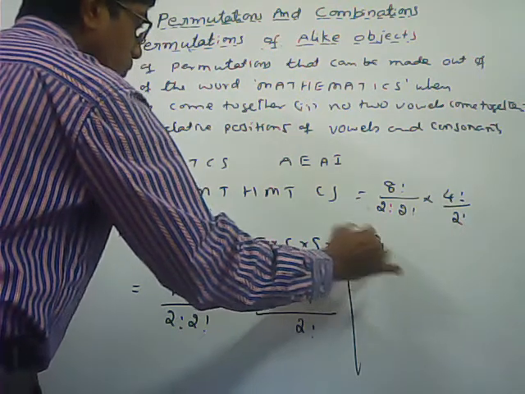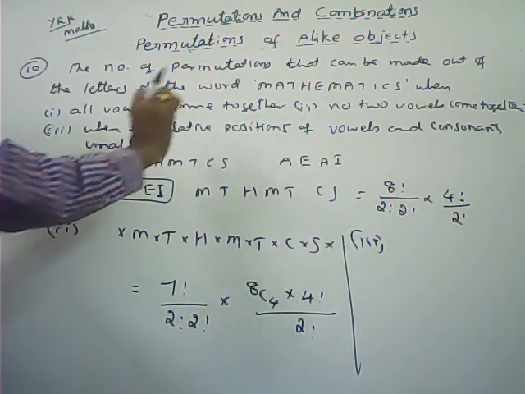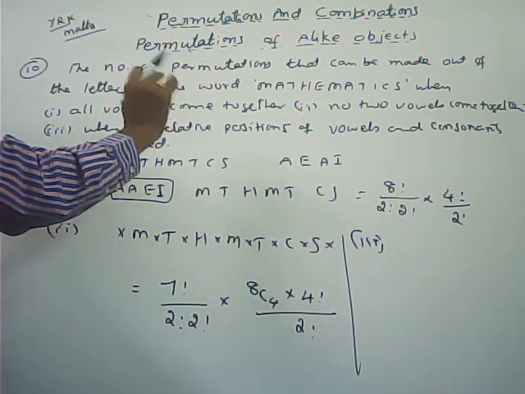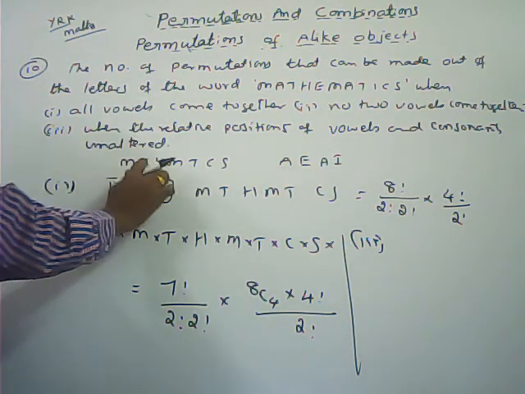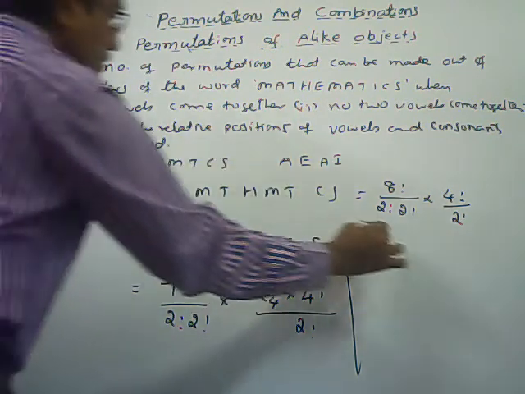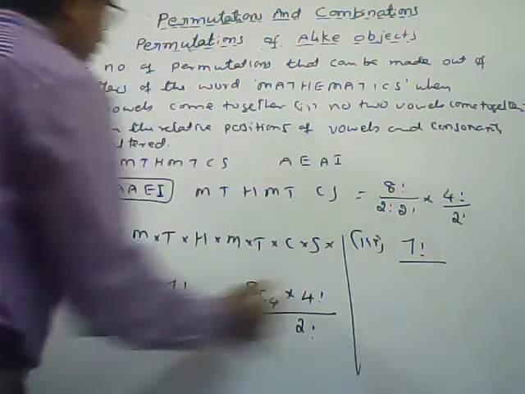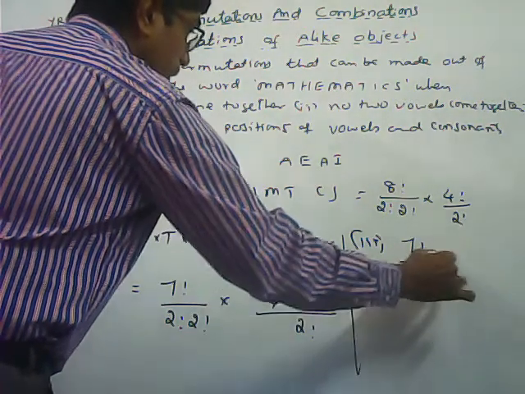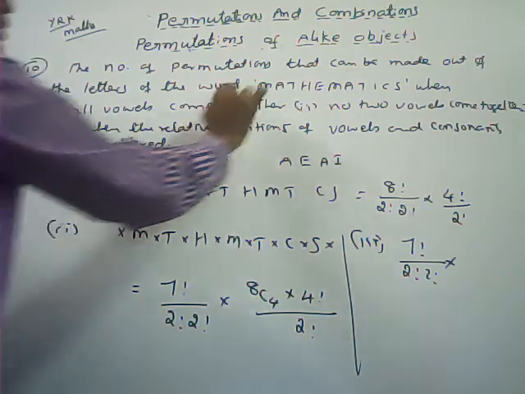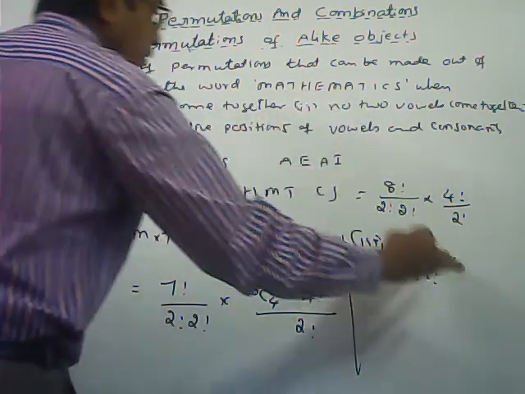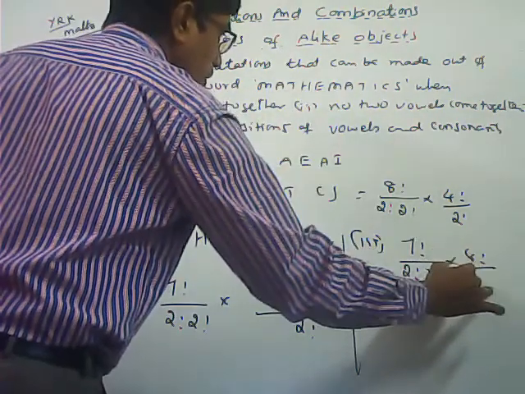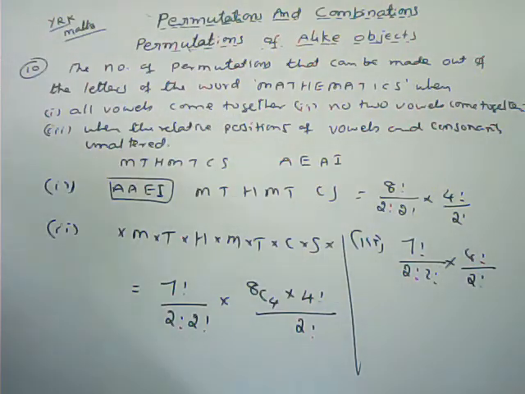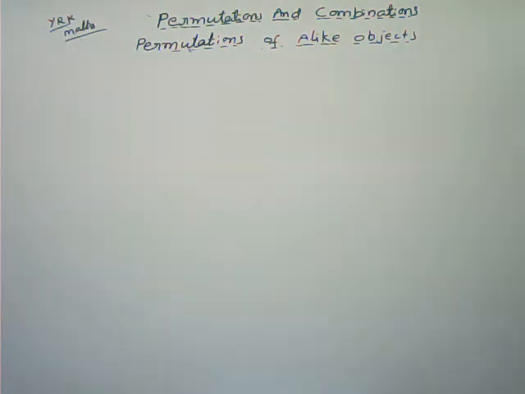The consonants can be interchanged among themselves in 7 factorial upon 2 factorial into 2 factorial, M's 2 and T's 2. What about the vowels? The vowels can be interchanged among themselves in 4 factorial by 2 factorial, 2 A's are there. That is the result for the next one. Thank you.